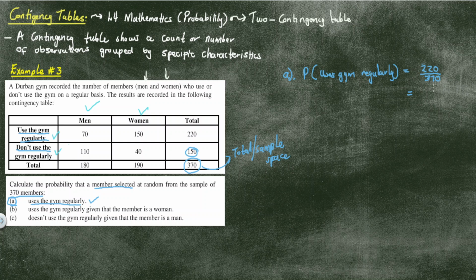What's the answer in simplified form? 22 over 37. So this is our final answer.